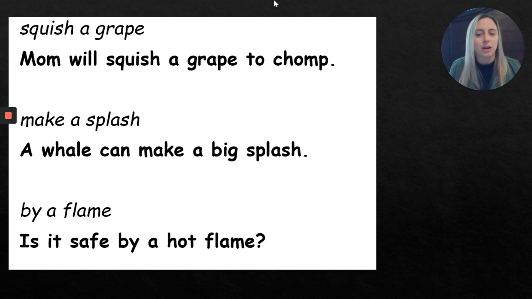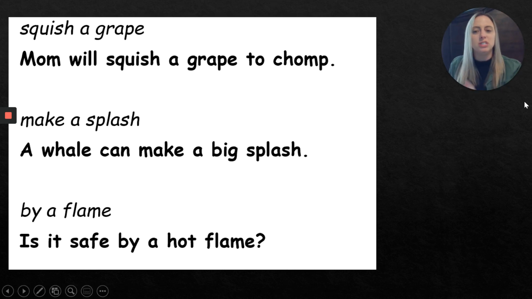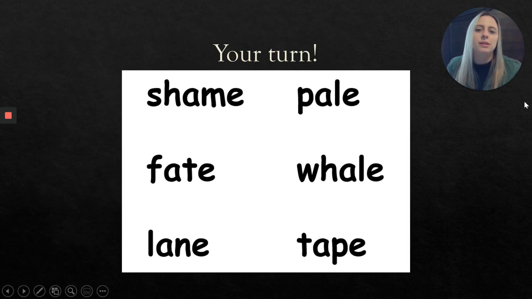And those two sentences were, make a splash. A whale can make a big splash. By a flame. Is it safe by a hot flame? Look at that. We can read these A-E words in a sentence. Very nice. So don't be scared of them when you see them. You know what to do with them now.